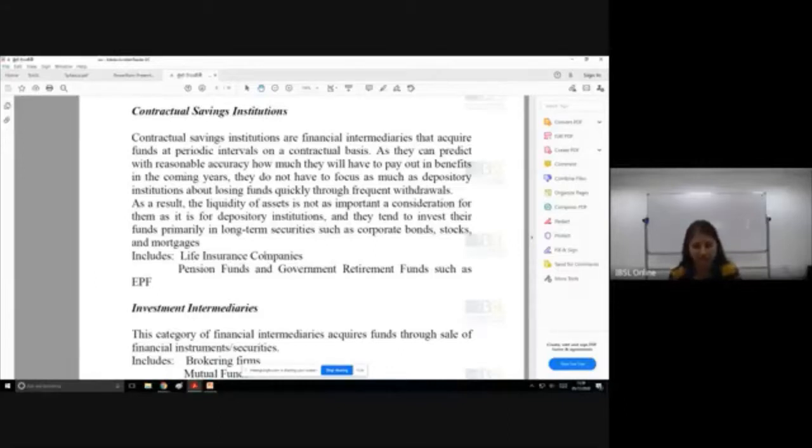I am a pension fund. I will collect the contractual savings from all of you, and then I will either go to the share market and invest in shares, invest in debentures, and I will route it to the deficit unit. Do you understand it?